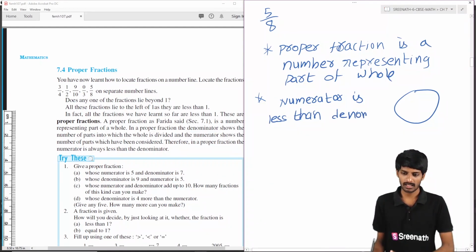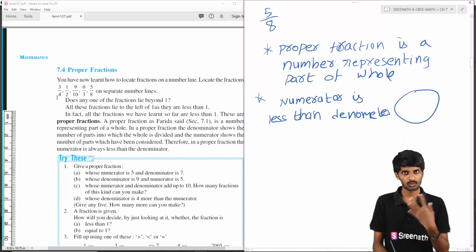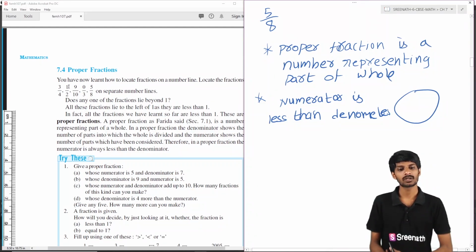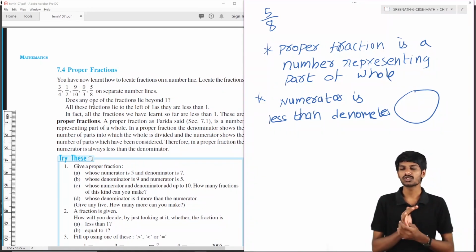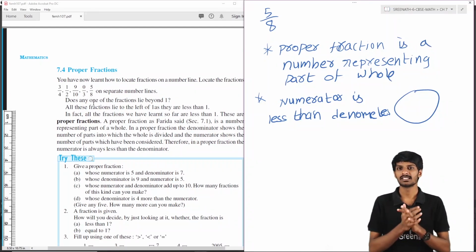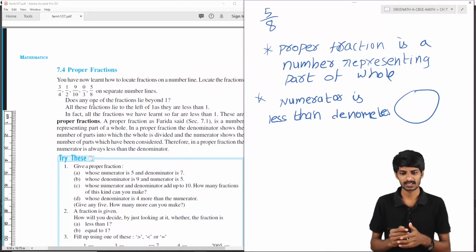If you observe all the examples here, numerator is 3, denominator is 4, so 4 is bigger than 3. Here numerator is 1, denominator is 2, 2 is greater than 1, and 9 by 10, 10 is greater, 0 by 3, 3 is greater, 5 by 8, 8 is greater. So to know whether it is a proper fraction, just check that the denominator is greater than the numerator, students.